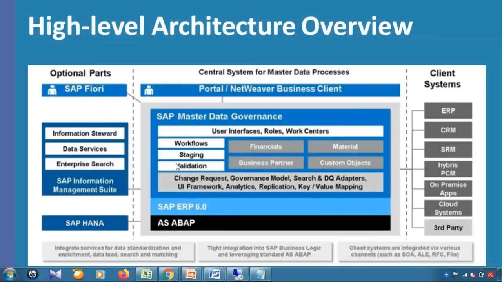Along with that you have everything you see in the chapters, like data model, UI model, process model, replication, search and duplicate check, workflow, key mapping, value mapping, etc. With all those things, you process the data, prepare the data, and then send it to some target system.